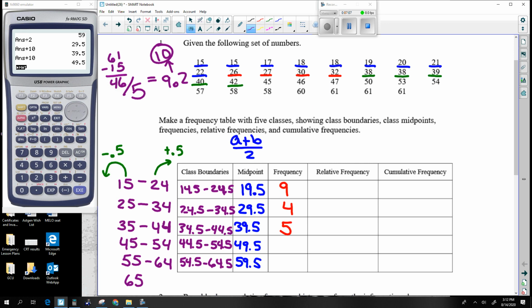Next, I have 45 to 54. And then lastly, I have 55 to 64.